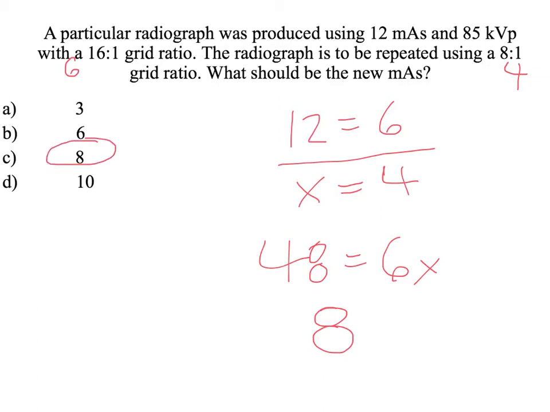That formula is there on the page. If we decrease our grid ratio, we can decrease our mass, according to this formula: mass 1 over mass 2 equals grid factor 1 over grid factor 2.